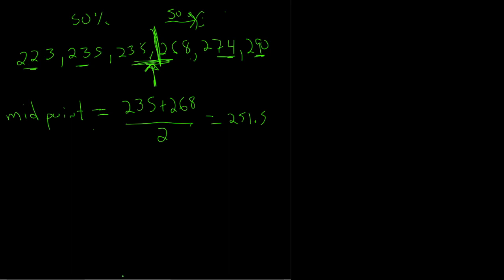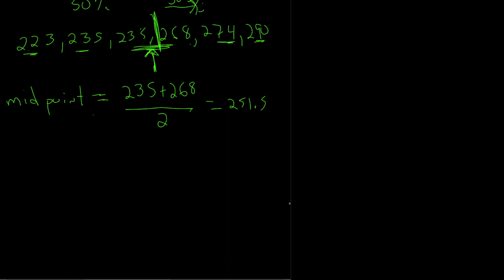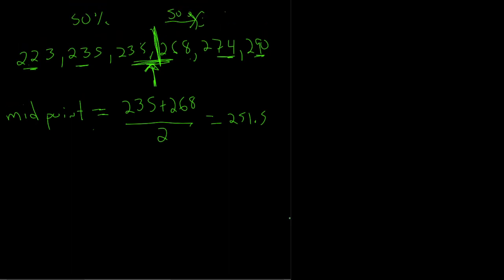Well, let's continue to explore this data and let's find the mode. And the mode is the most frequent. In this data set, we would make a frequency of each piece of data.